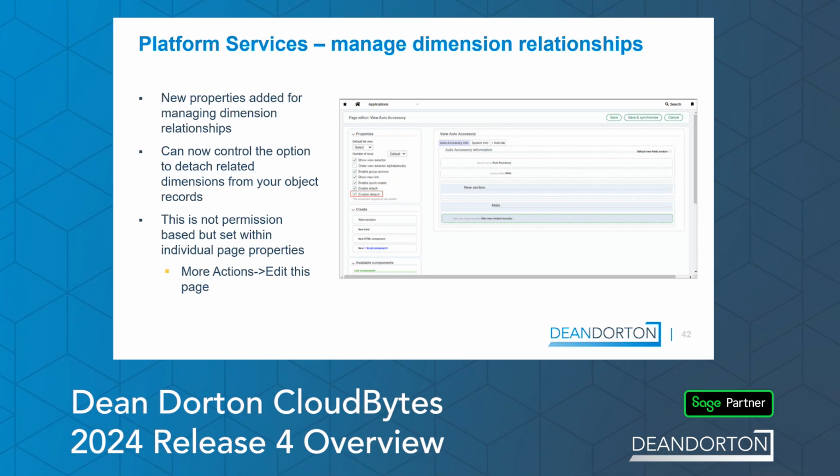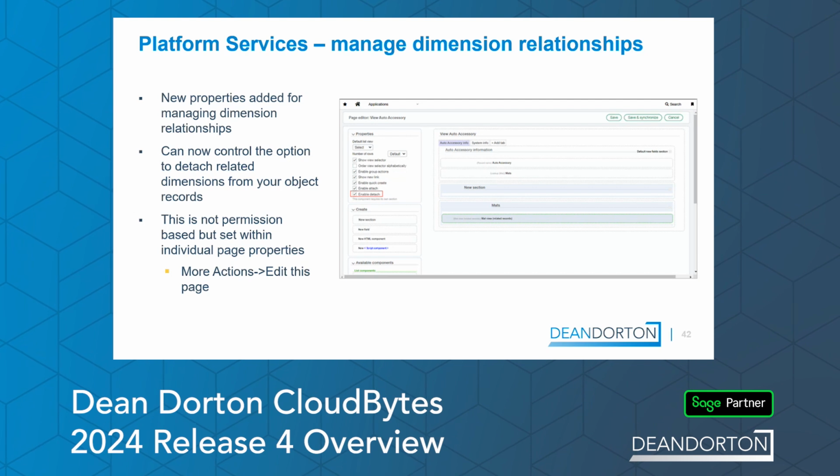And if you're not aware, a dimensional relationship is essentially that capability to be able to say this department dimension is somehow related to this location dimension, right? We only have an HR department in our Atlanta location.